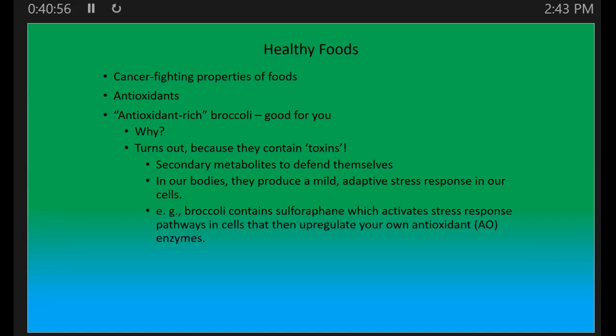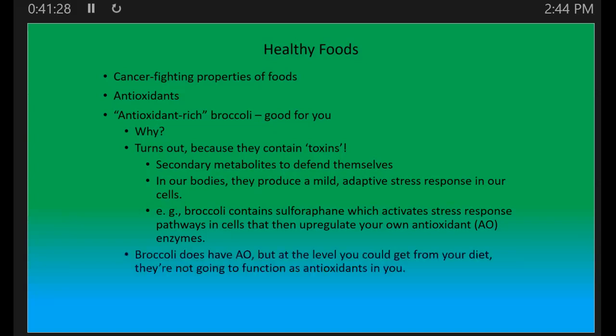For example, broccoli contains a secondary metabolite called sulforaphane, and that activates a stress response in our cells that then upregulates our own antioxidant enzymes. So, yes, broccoli has antioxidants in it, but it's not really broccoli's antioxidants that are doing the good thing. It's the fact that some of the secondary metabolites kick on our antioxidant pathways.